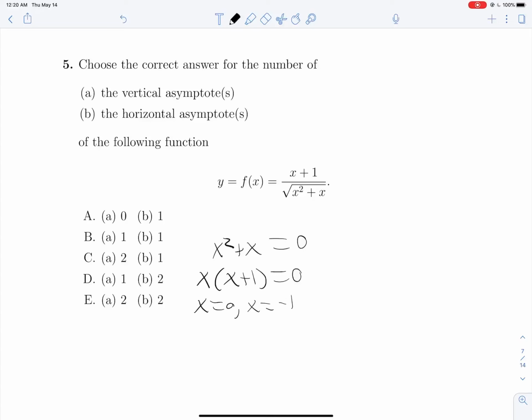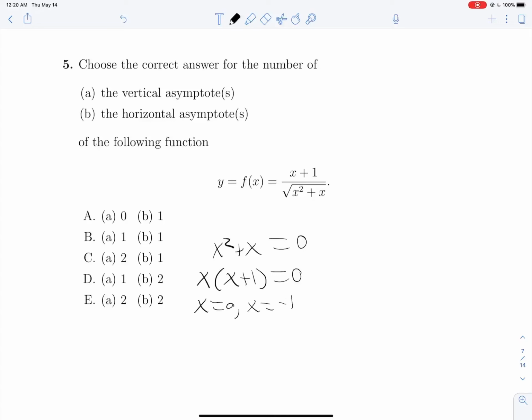Okay, what is the limit of f of x as x approaches -infinity? Well, because we have an effective power or degree of 1 in our denominator, because the square root of x squared gives us an effective power of 1, and then we have a power of 1 in our numerator, the value that we get for this limit is just going to be the ratio between these two when we plug in -infinity, kind of symbolically.